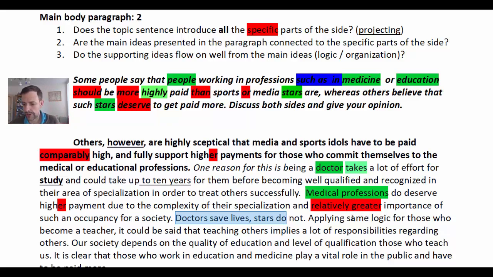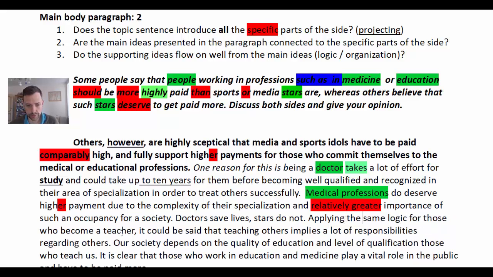Let's keep reading. Applying the same logic for those who become a teacher, it could be said that teaching others. So this is a good switch, those who become a teacher. That's a good change to the teaching side of things, so talking about everything. It could be said that teaching others implies a lot of responsibilities. Okay. A lot of responsibilities.